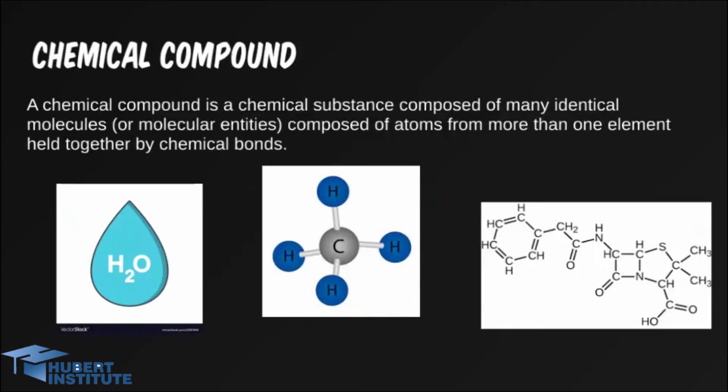In the middle, we have methane, which is the simplest organic compound, which is in your cooking gas, and methane is the simplest and very, very important organic compound. And on the right side, we have a little more complex compound.